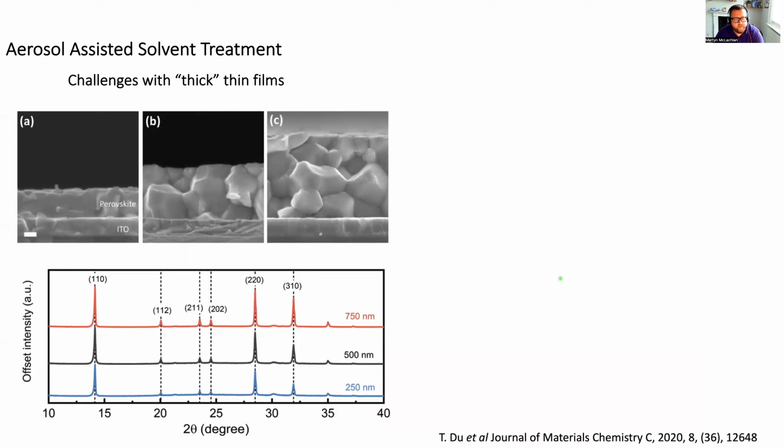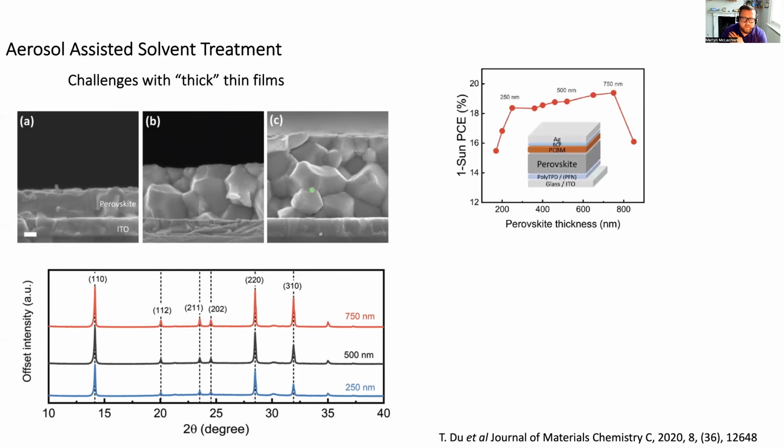So the final aspect is thinking about the applicability of this. We had shown fairly recently that it's possible to prepare devices of a variety of thicknesses. For a number of applications, including photodetectors, we would like to have large thicknesses of films. Here we see films that are essentially sequentially deposited, and we see this polycrystalline stacked grain structure that exists through the film thickness.